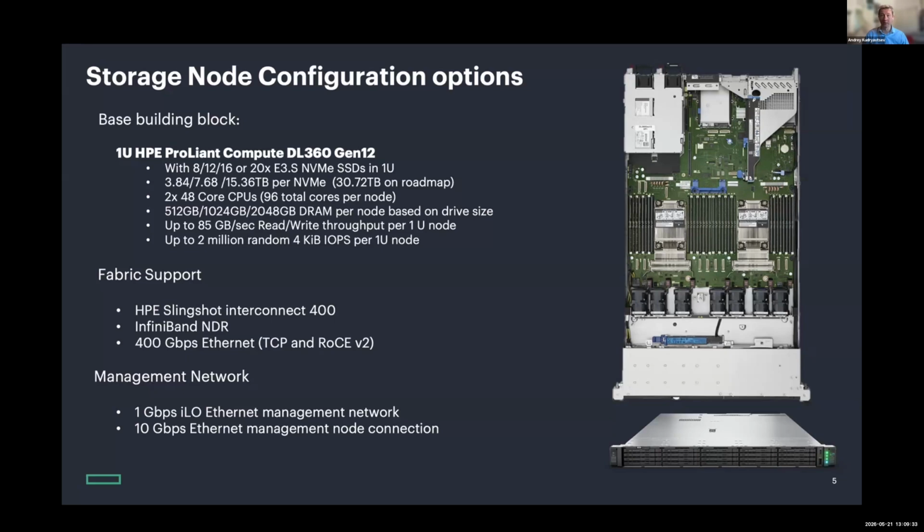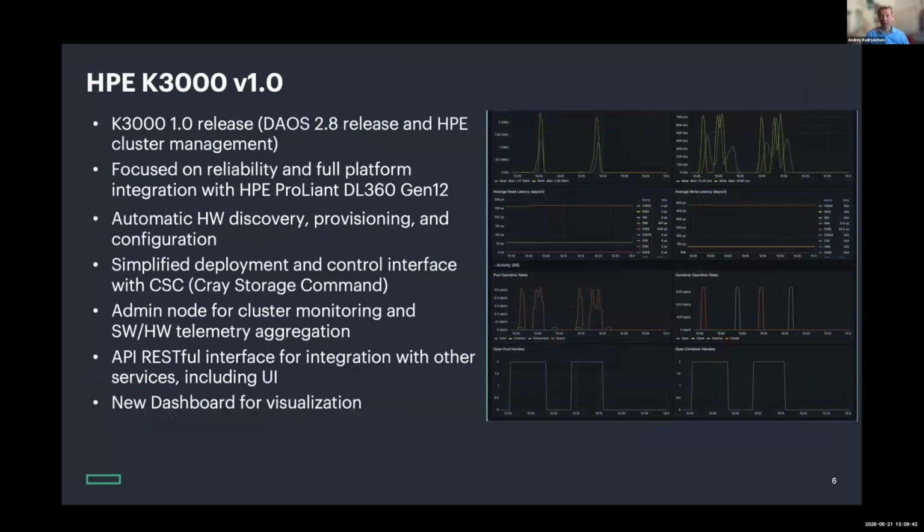One is iLO-based, from the management controllers, and that's how we collect the telemetry from the hardware. The other is for deployment, with 10 gigabit Ethernet links that every storage node has connected to the admin node.